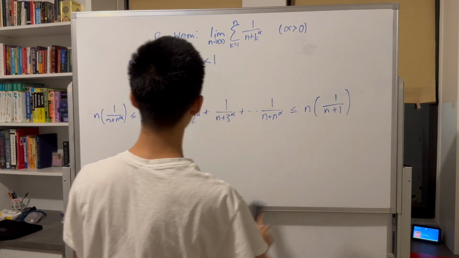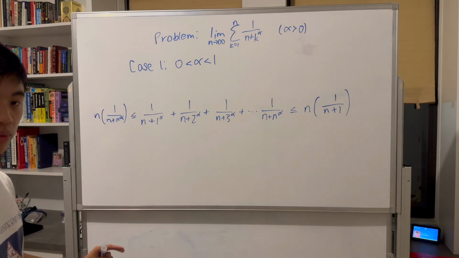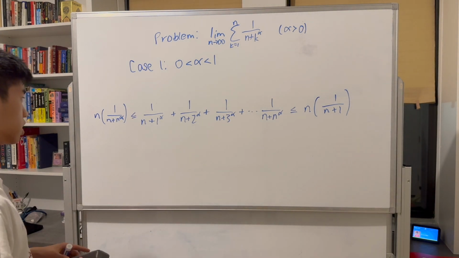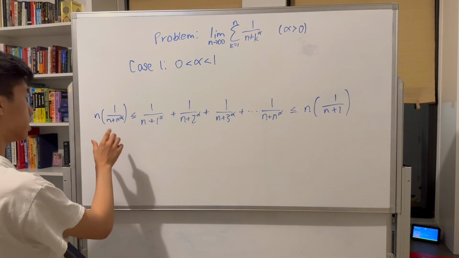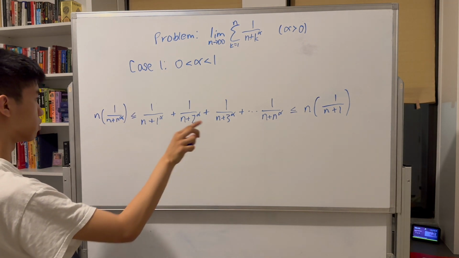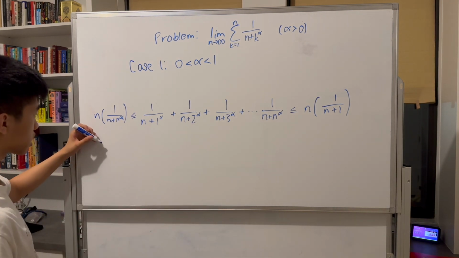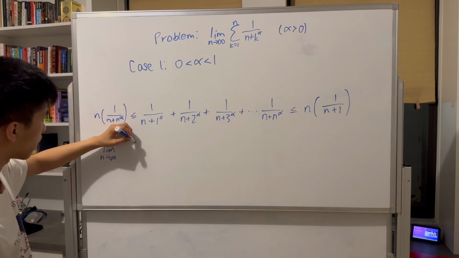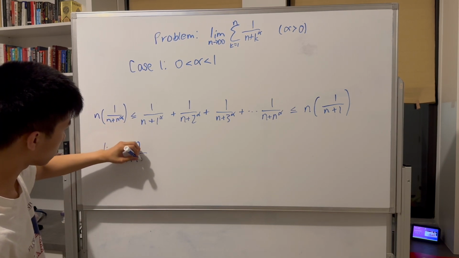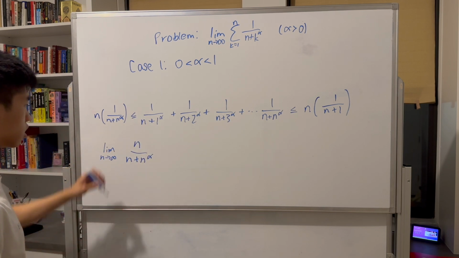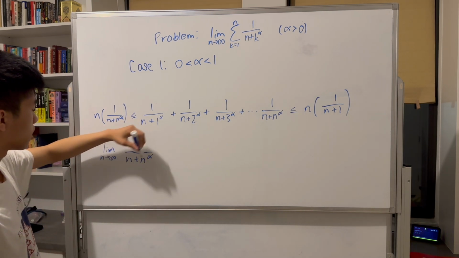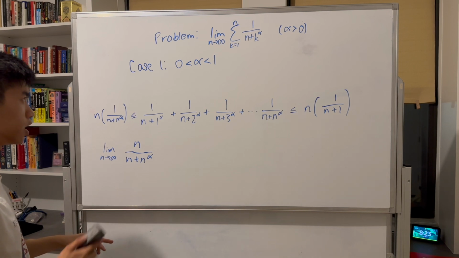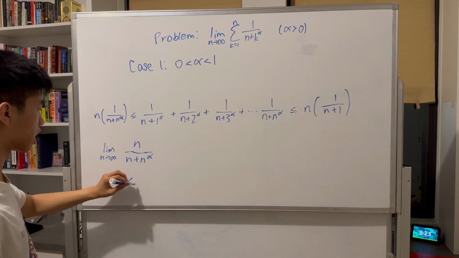Now let me erase that. We have some very nice lower and upper bounds, and the reason is that if we take the limit as n goes to infinity, let's try that. The limit as n goes to infinity of n over n plus n to the alpha. This might not seem straightforward, but it is, because we know that alpha is less than 1.